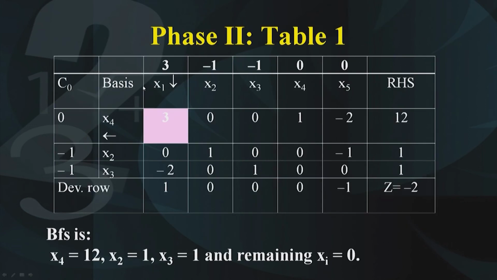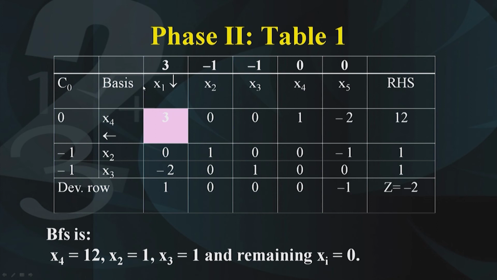So, we will remove the two columns corresponding to x6 and x7, and therefore our calculations have reduced to quite an extent.